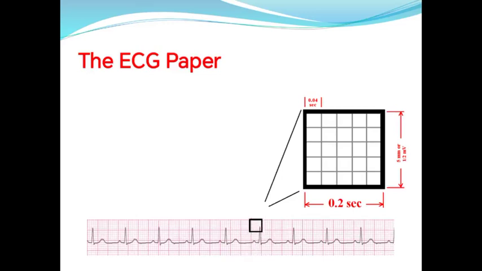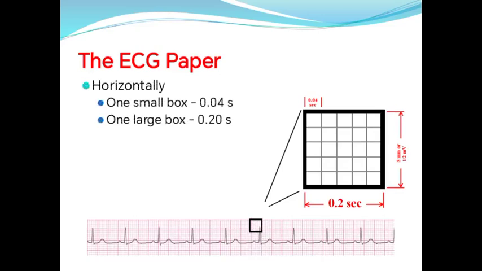Horizontally, one small box represents 0.04 second, and one large box 0.2 seconds. Vertically, one large box represents 0.5 millivolts. This is the amplitude. We have to understand this very well. This is very important in determining a lot of diagnostic problems of the patient.